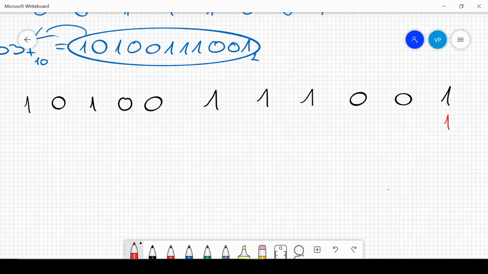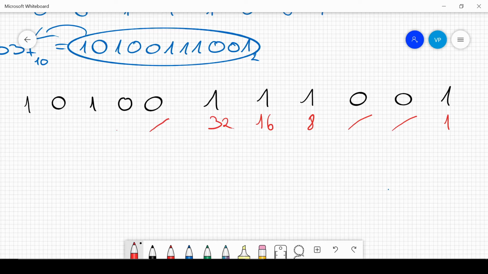Then we have 2 to the power of 1 is 2, but since here is 0, we don't count it. Then 2 to the power of 2 is 4, is again 0, we don't count it. And the next is 8, we count it since it's number 1 here. The next step is 16, then we have 32, then we have 64, which we don't count.